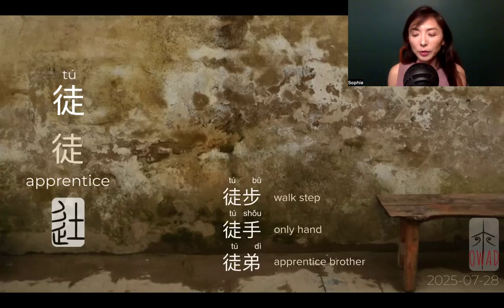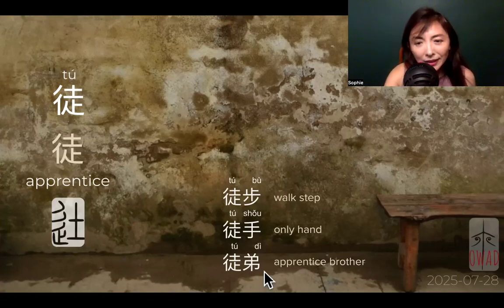So 徒手 means all by yourself, only with your own hand, you're doing something. That can come with you're under-equipped, or you're actually overcompetent about something, that you can just by your hand already meet the quality standard.